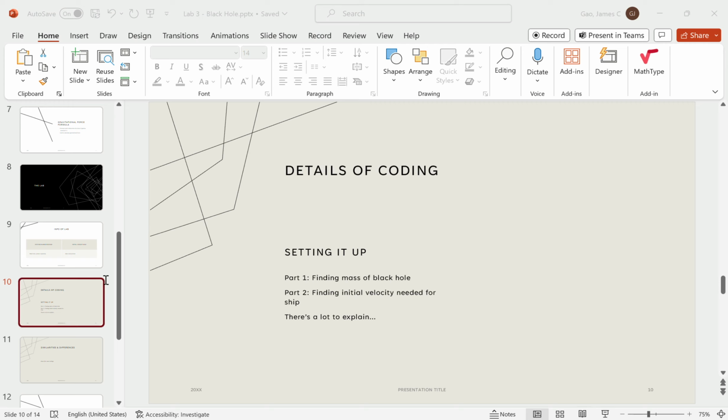And after converting all of this into code, we applied the motion equations as well, and then I just tested different velocities until I got a velocity that would get really close to the black hole and then bypass and not get hit.